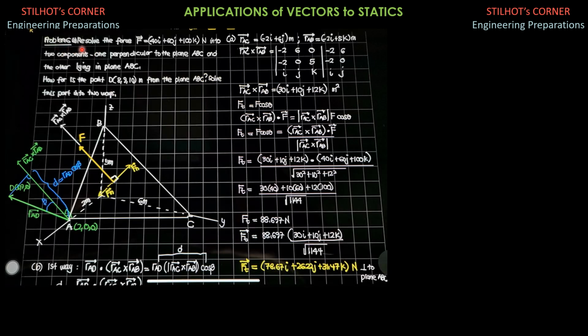Part A: resolve the force F, which is equal to the quantity 40i plus 60j plus 100k newtons, into two components. One perpendicular to the plane of ABC. This is the plane ABC. By the way, in this drawing, the original figure would be colored white and orange.